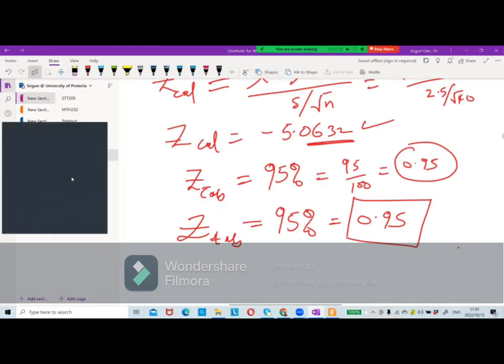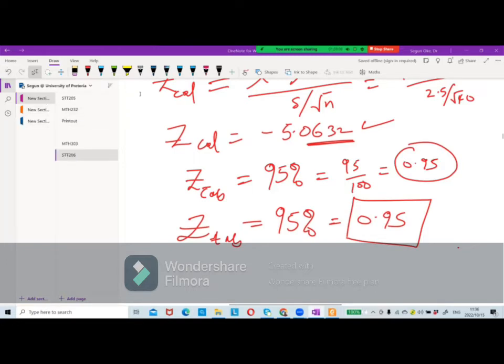So who is asking the question? Then check your table. Now listen to me. The examiner can give you the value by themselves. They will just say Z tab or Z alpha, whatever they call it, or Z 0.975 is equals to 1.96.